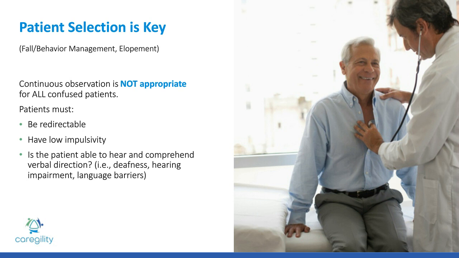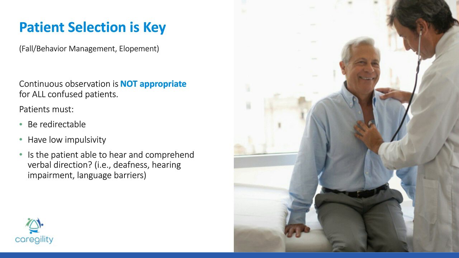Not all patients are good candidates for virtual observation. They need to be redirectable. If they stop being redirectable, then those patients may need to be considered for a physical sitter. They need to have low impulsivity. Those fast-moving, impulsive patients, sometimes those younger neuro patients, they're typically not great candidates for virtual observation because they're very impulsive and they're very fast-moving.